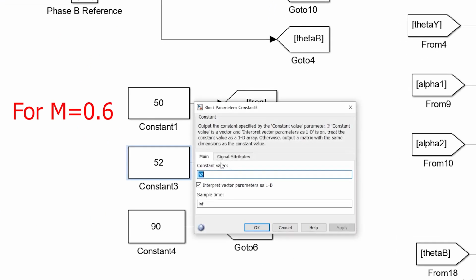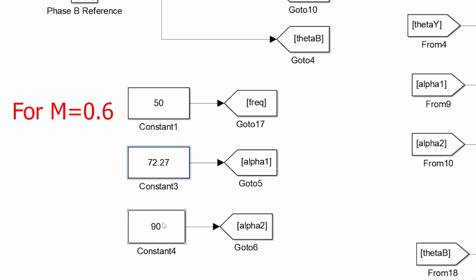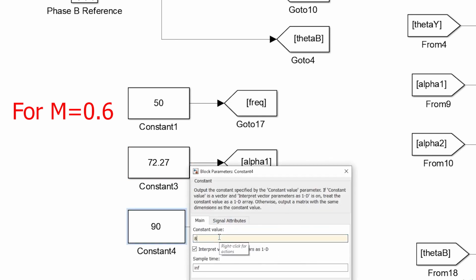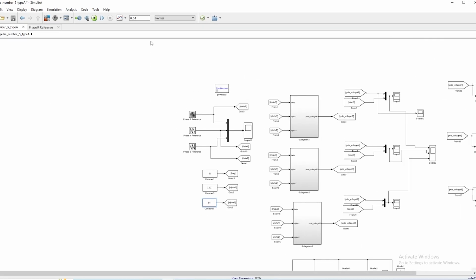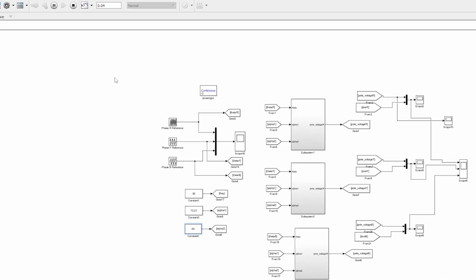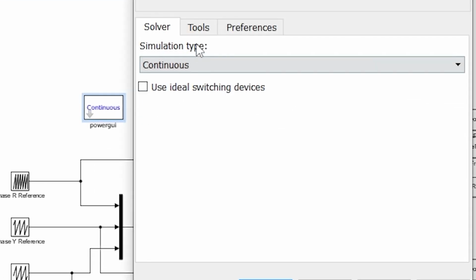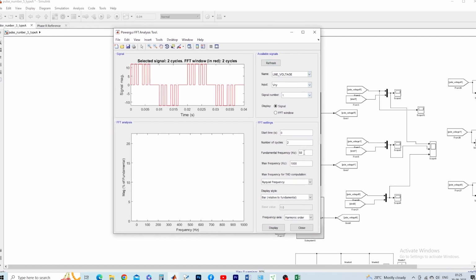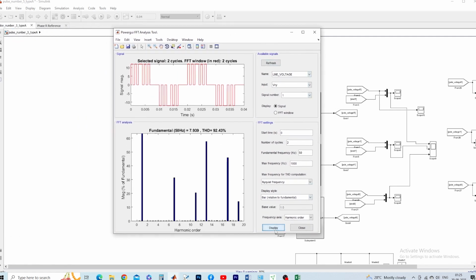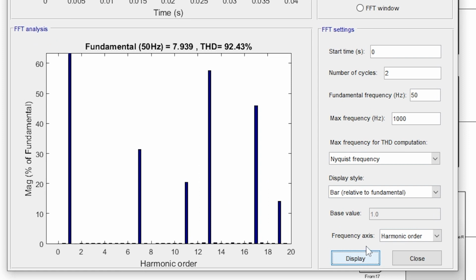Let us check for the second set of values. Magnitude of the fundamental voltage has increased and the fifth harmonic voltage is 0.